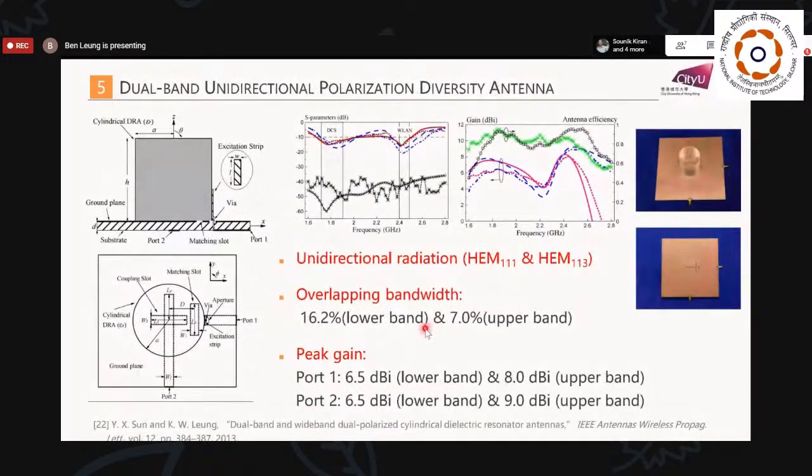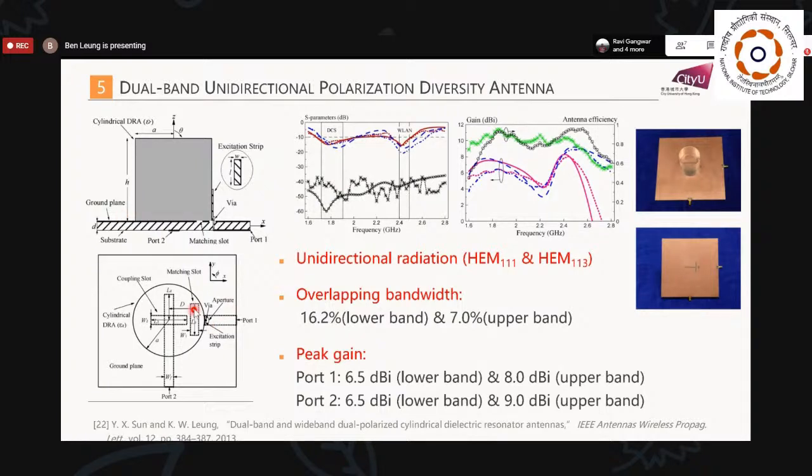Okay, this is the polarization diversity design from my research group. We use the formula that I presented in the early part of my presentation. By using that formula for dual band design, we obtain the radius and the height.